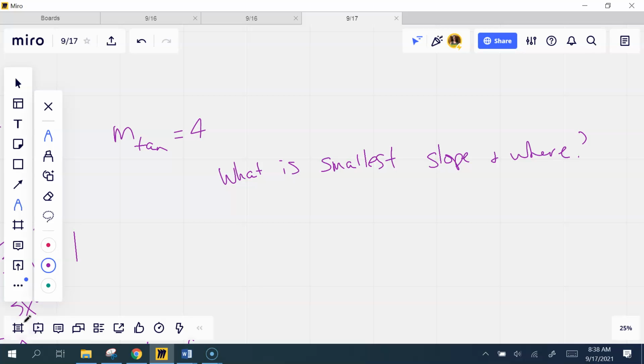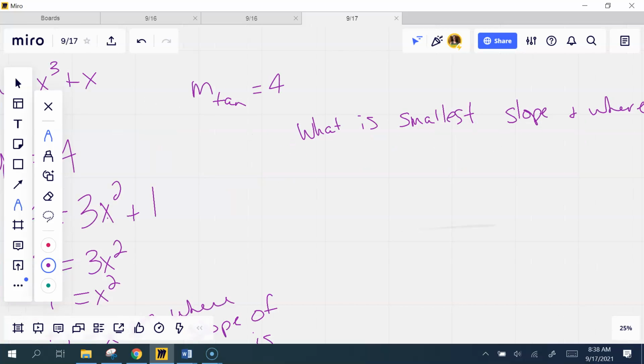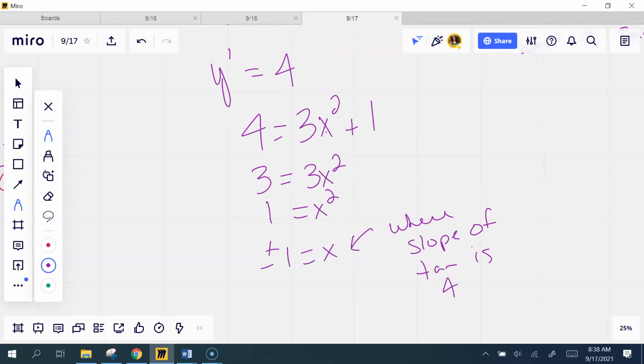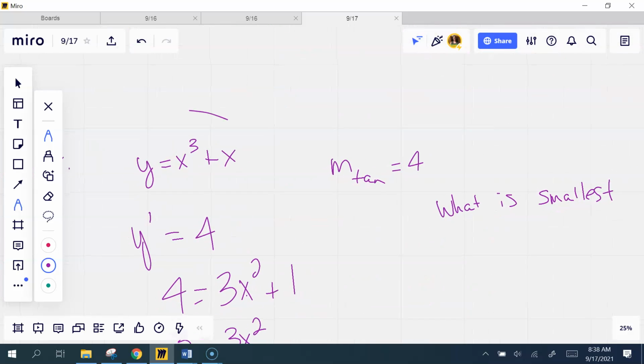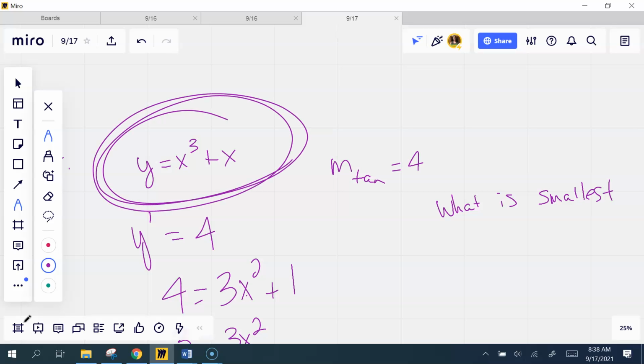All right, how do I find slope, first of all? Let's stop thinking about this. This is just where the slope is for. Let's think about if this is my equation, how do I find the slope? We're talking about the slope of the curve. So the slope of the curve would be the derivative, right?